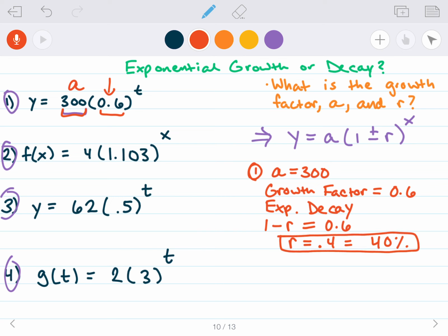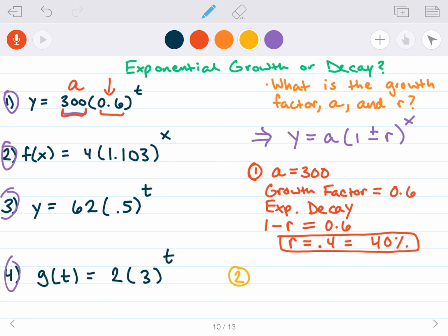Okay, so this is an exponential decay function. It's decreasing at a rate of 40% per unit of time. So we start at 300, and every unit of time that goes by, our output is going to decrease by 40%.